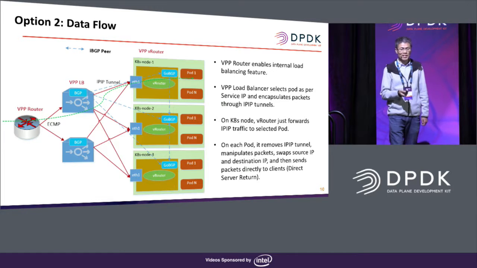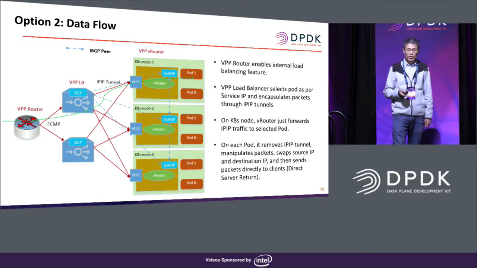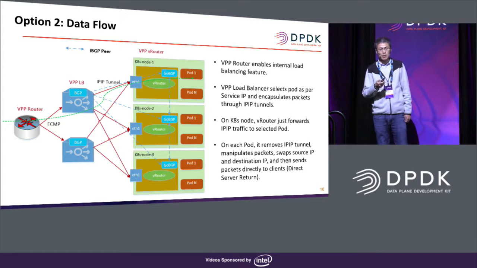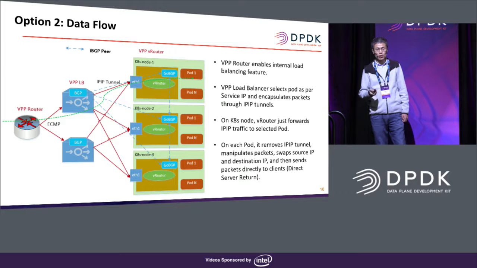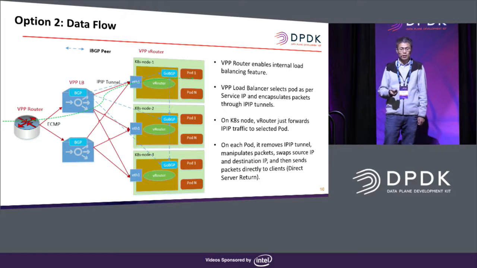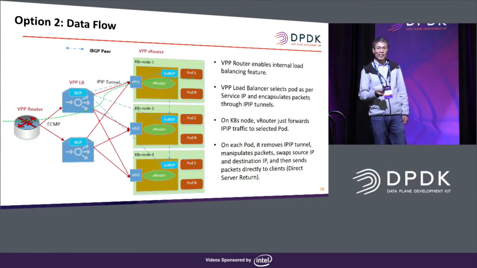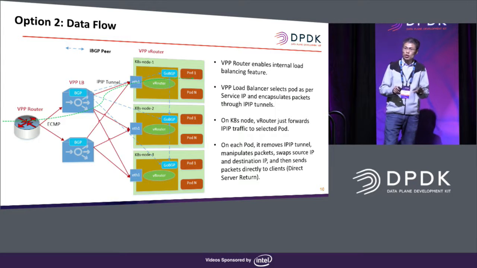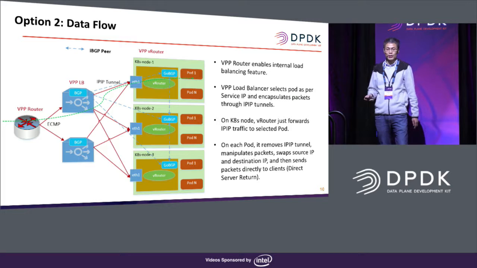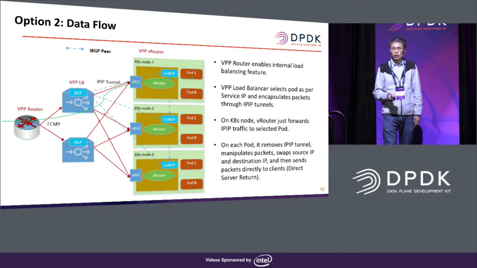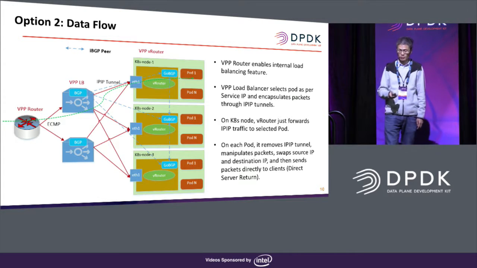And then on the Kubernetes node, the router will just forward IPIP traffic to the selected ports. And on each port, it will remove the IP tunnel, manipulate the packets, and also swap the source IP address and the destination IP address. Then the return packets will be sent directly to the clients, which means direct server return.